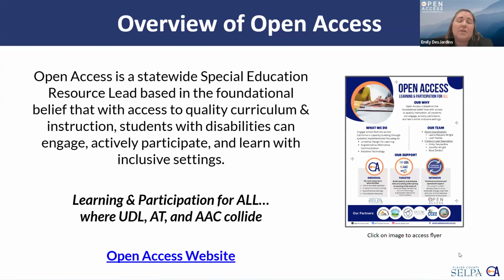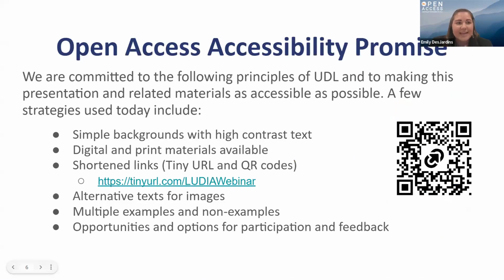We truly believe that when all three of those things are implemented in classrooms, all students can participate and access within these inclusive settings. If you're interested in learning more, our Open Access website is linked on the home base. We have our flyer here as well, and also feel free to reach out. Our contact information is in this as well.